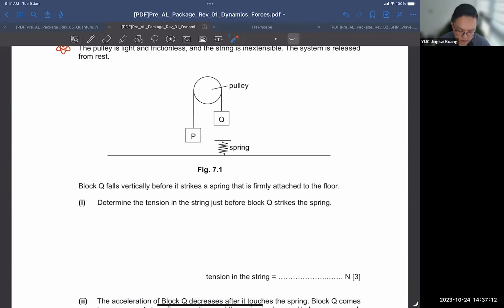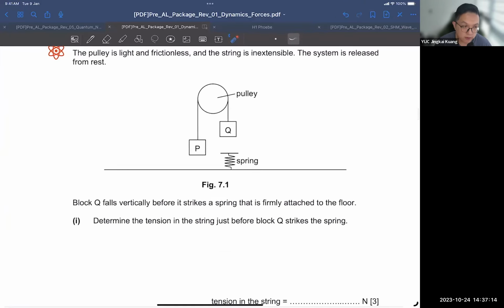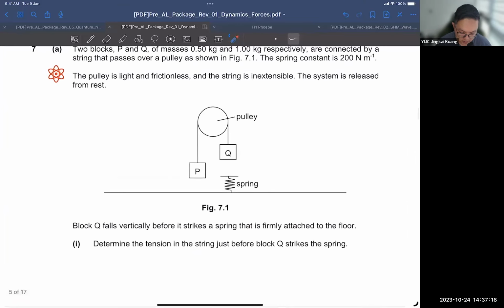Okay, so we can do the free body diagram. This kind of question is good to do the free body diagram for both of them. For P, you have the weight of P, then you have the tension. Let's do P first.